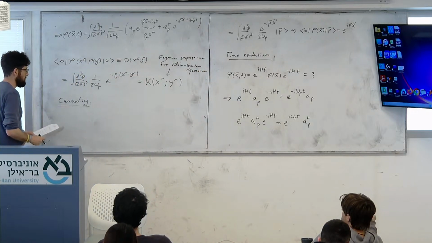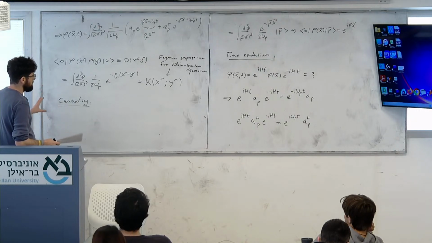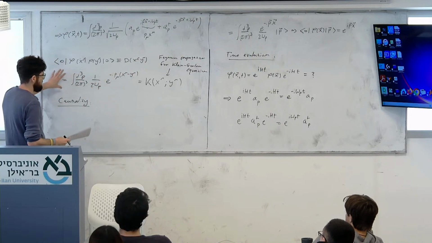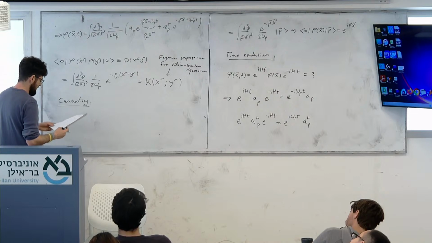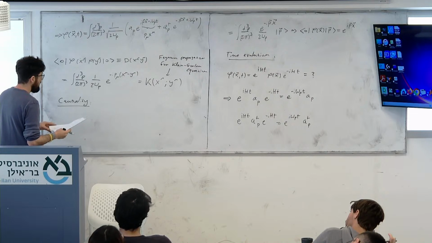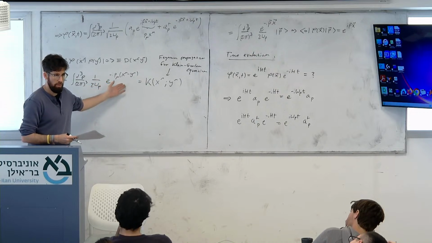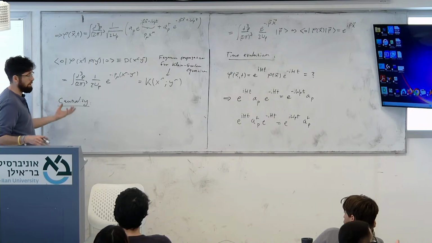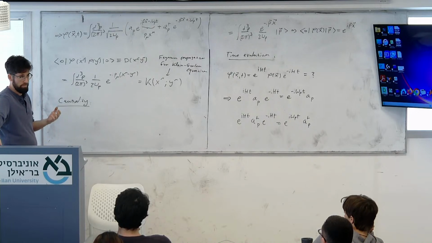So to conclude today's discussion, let's talk about this issue of causality. We could take this expression and see if it respects causality. But because it's exactly the same propagator we had in the beginning of the class, we have the same issue: the correlations can still be finite outside the light cone.